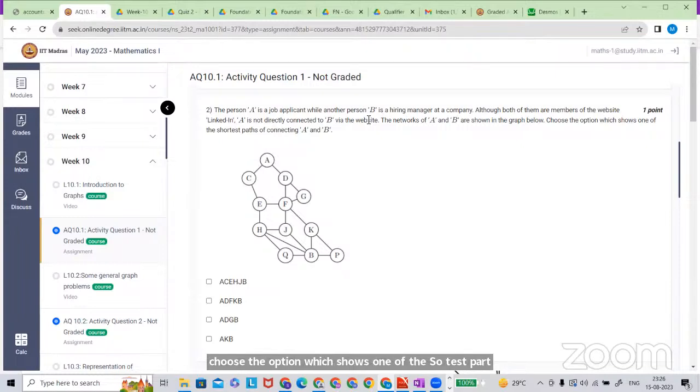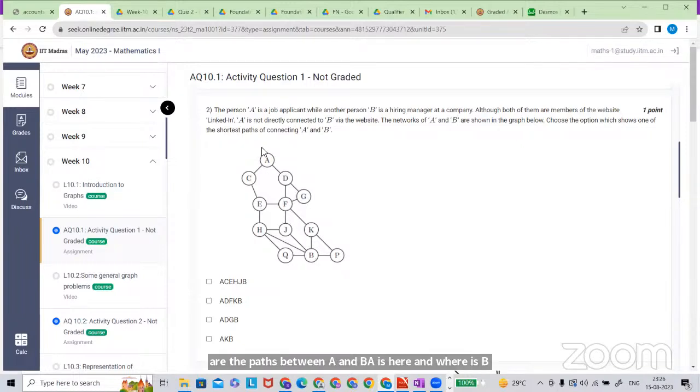So which is going to be the shortest path here? Sir, I have a doubt between options 2, 3, and 4. I want to find the shortest path between A and B. A is here and B is here.